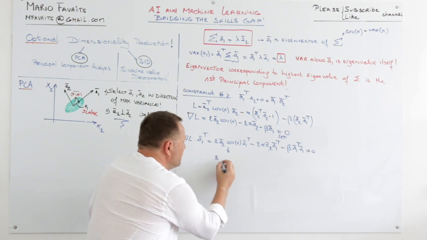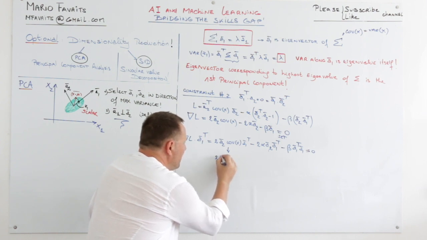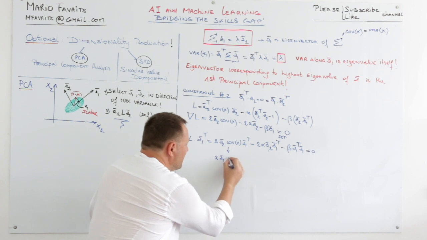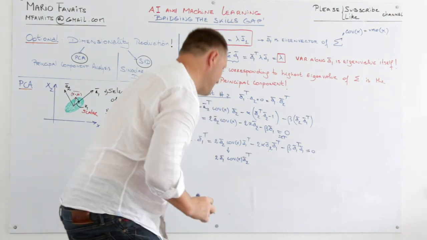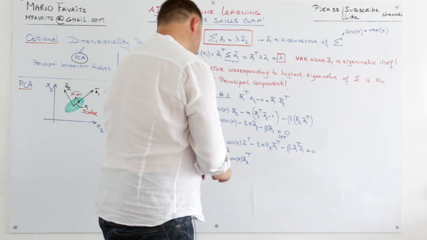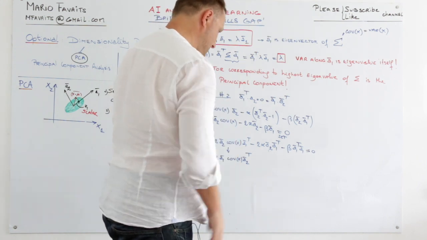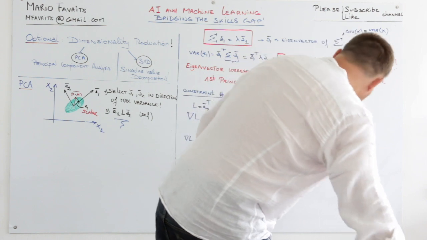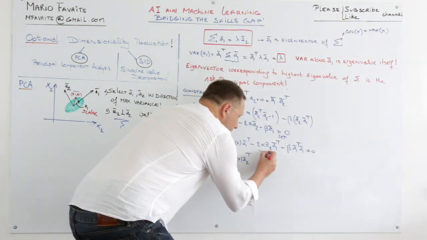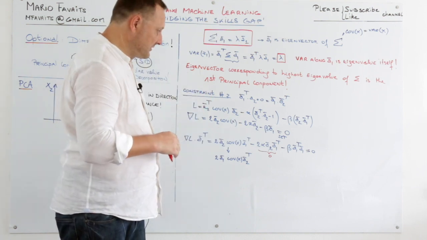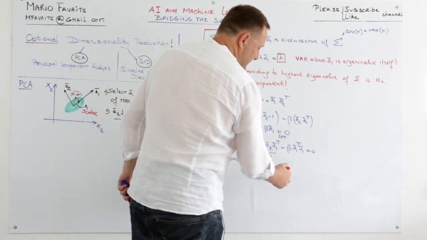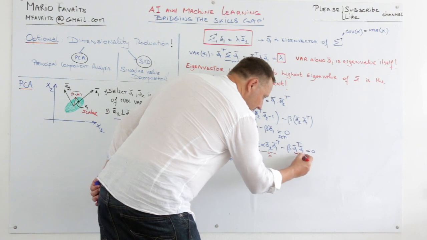So this becomes 2 A1 covariance X A2 transpose. Okay. Here what you see is that this term is 0 because A1 and A2 are perpendicular, so the dot product is 0, and A1 times A1 transpose, this is 1.